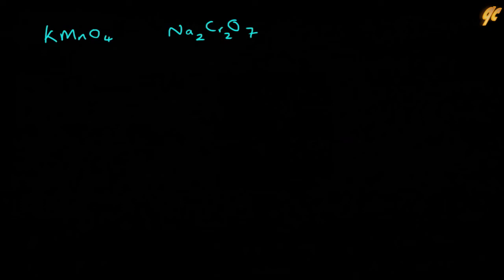But first of all, a primary alcohol will be oxidized, and we show this by putting an O in square brackets, to form an aldehyde. As I said, this will be covered in more detail in the aldehyde video.